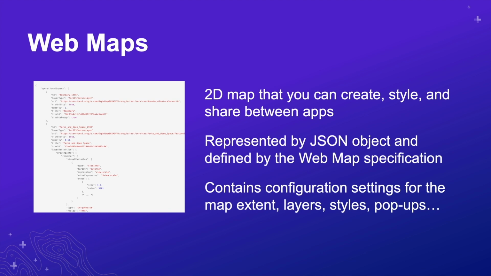For those of you who have developed previously with our Flex Viewer or Silverlight Viewer, if you recall, you used to manage a lot of configuration within your application for what layers are in the map, what order they draw, what the pop-ups are, what your bookmarks are, what the layers look like, which ones are turned on and off, what the extent is. Now all that configuration is stored within the web map.